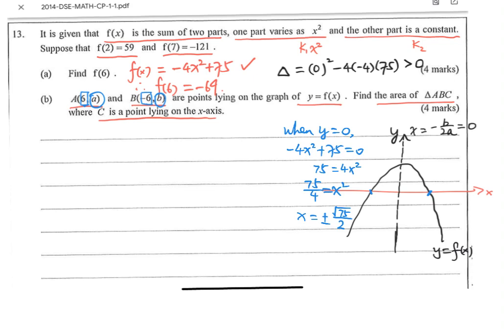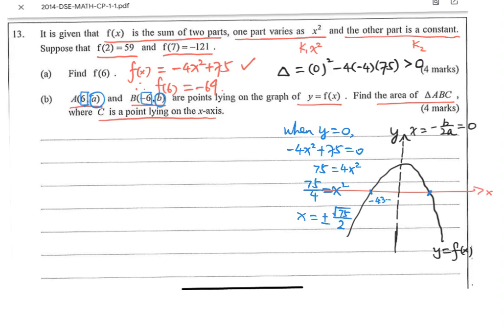So let me use a calculator to get the approximate value of square root 75 divided by 2. So this one should be negative 4 point something, 4.33330127019.